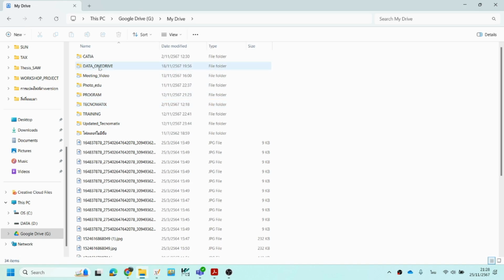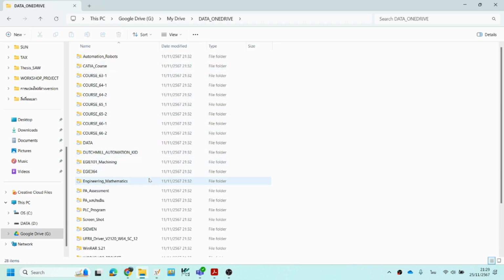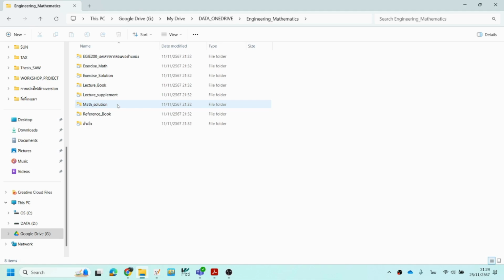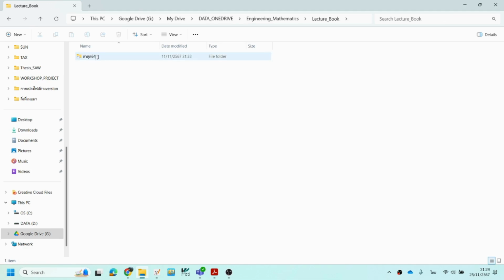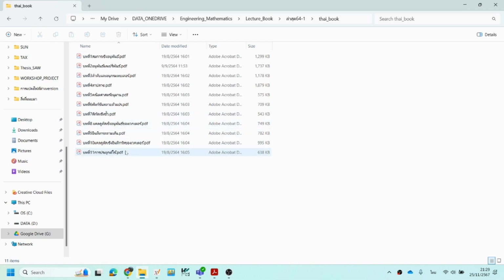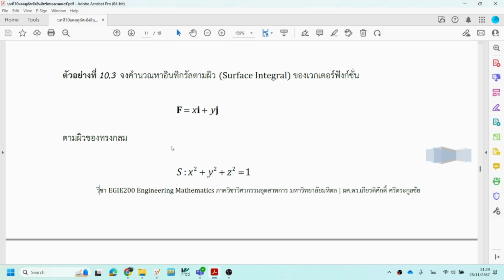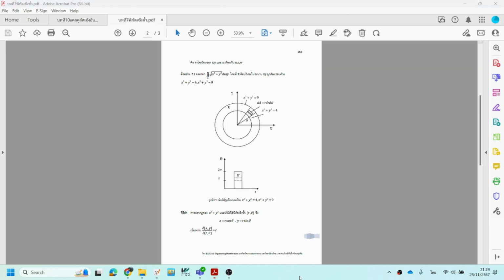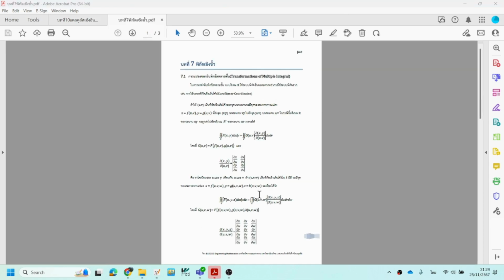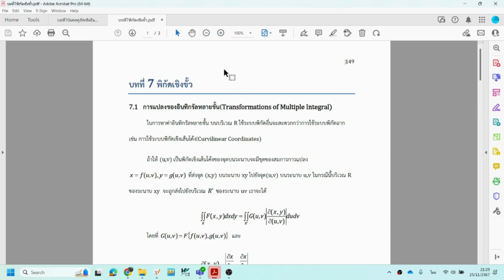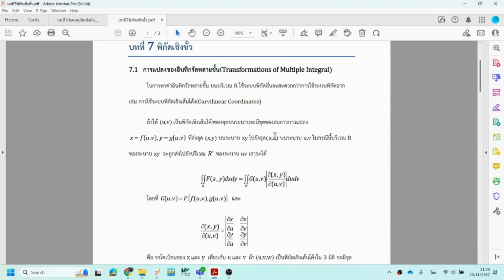That book is okay, and it has a very short chapter. Here, the lecture book and this Thai book, chapter number 7. Chapter number 7 is the polar coordinate.